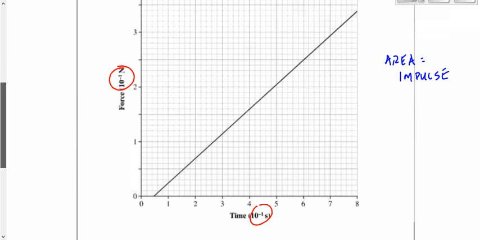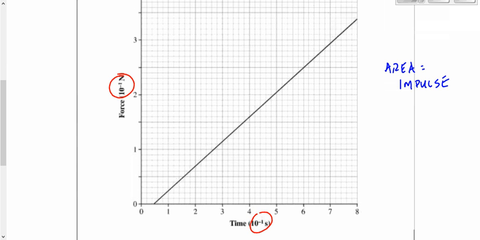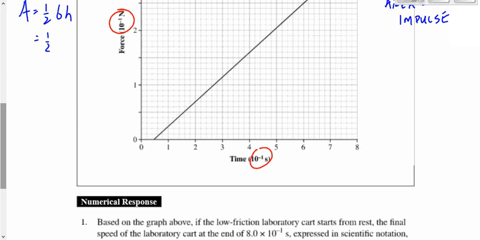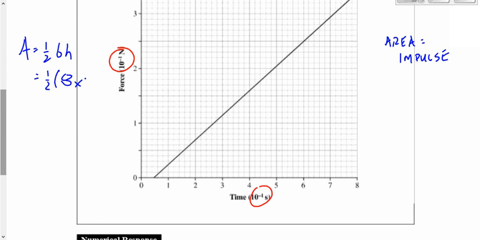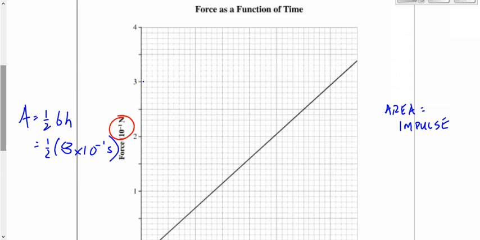Okay, the final velocity. First thing we're going to do, same as always, find the area. The area is 1/2 base times height. The base is 8 times 10 to the minus 1 seconds. Is that right? And the height is 3.4.